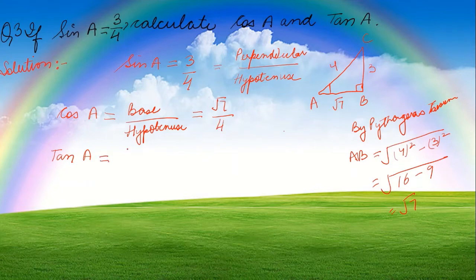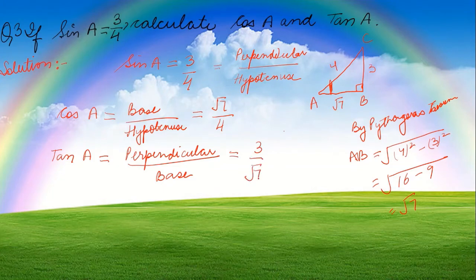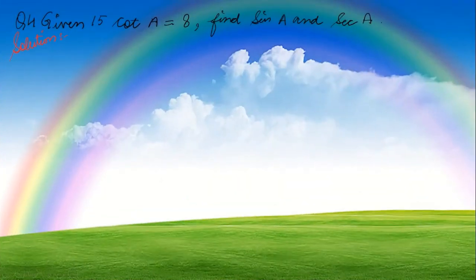Tan A is perpendicular upon base. Now see, for A, the perpendicular is 3 and base is root 7. So this is the way how you have to calculate it. Okay.